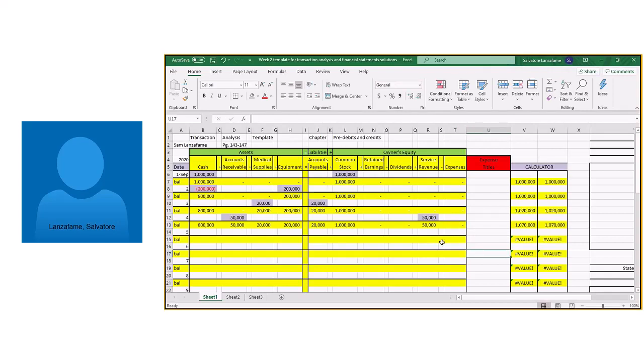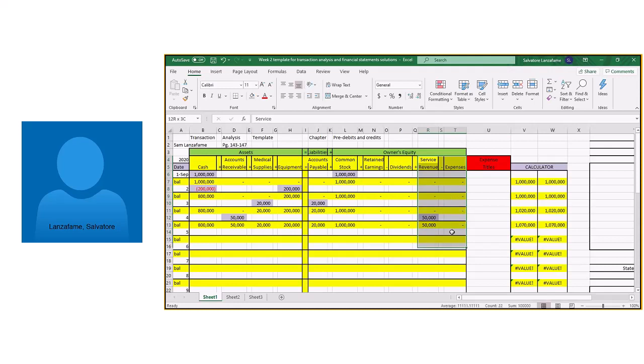So right now, if I were to ask you, does this company have a net income or a net loss? What would you say? If you said net income, you are right. Now, how much is the net income? Your eyes should be here only.